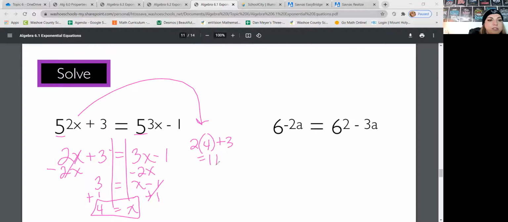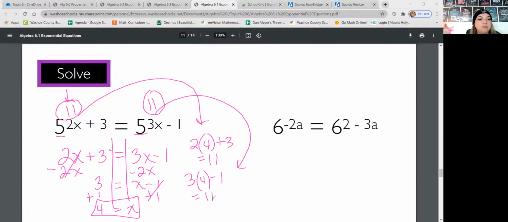So the exponent on this side is 11. Let's check this one. 3 times 4 is 12, minus 1 is 11. This is a way for us to check our answer because we knew that the exponent for both 5s was supposed to be the same.